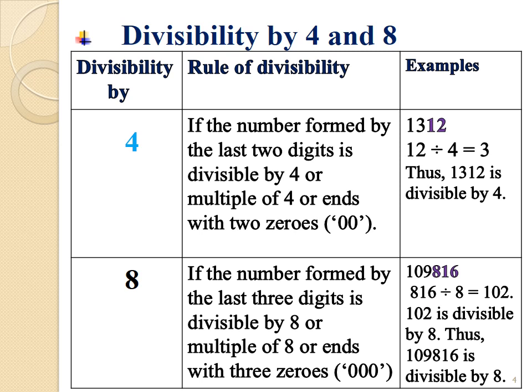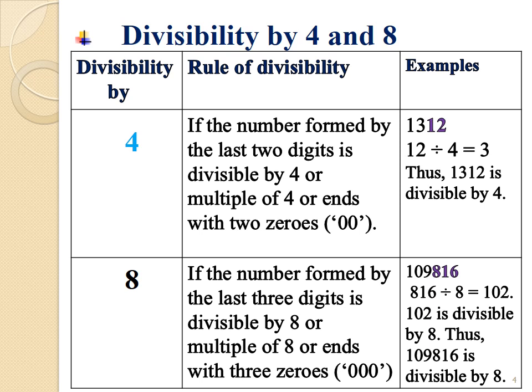Students, in order to check whether 1312 is divisible by 4 or not, we have to divide the last two digits, that is 12, of this number by 4. Thus, dividing 12 by 4, we get quotient 3 and remainder 0. Thus, 1312 is divisible by 4.